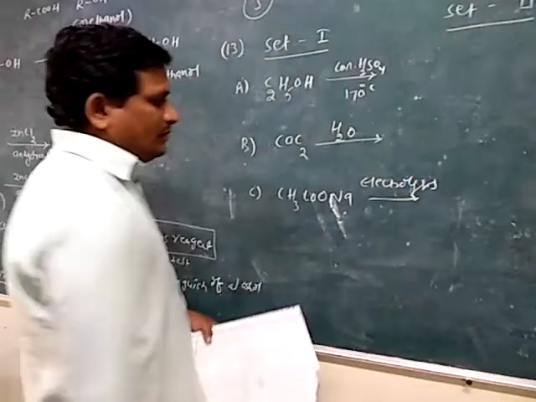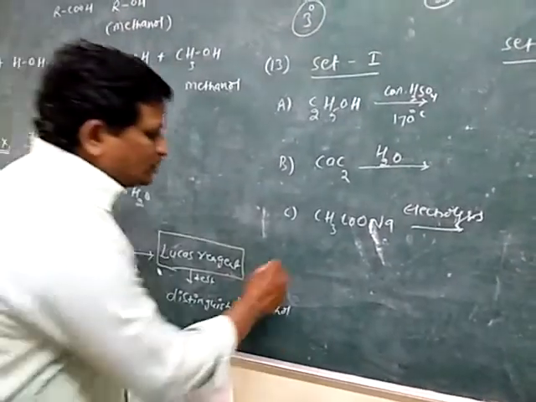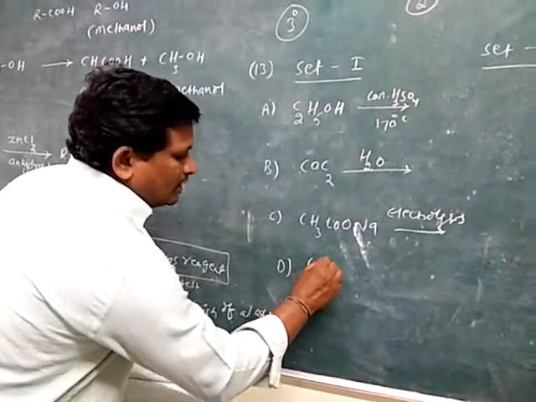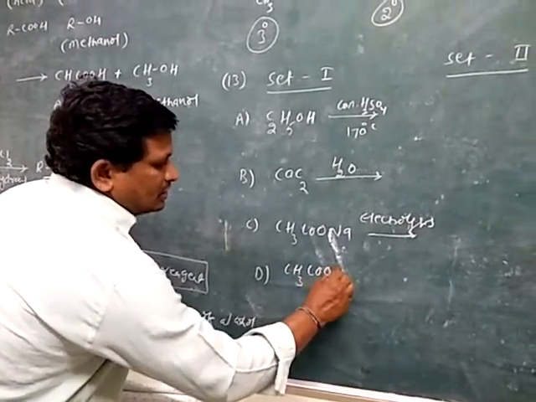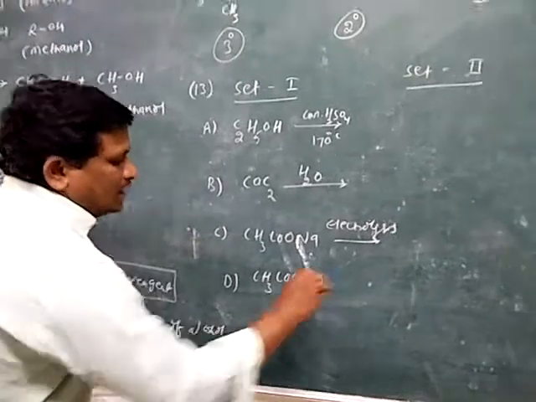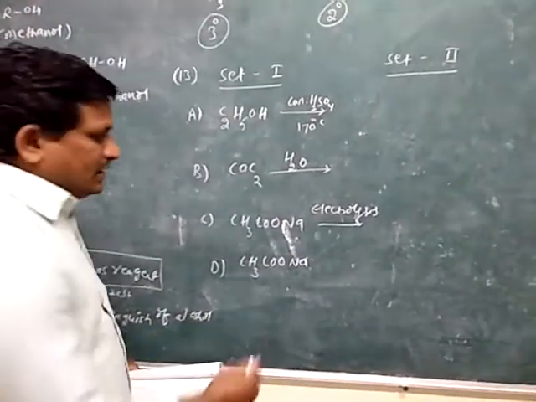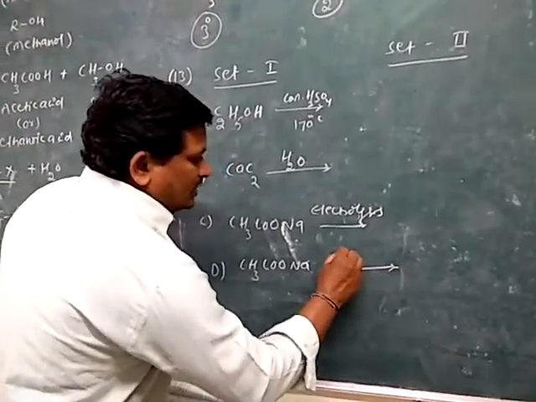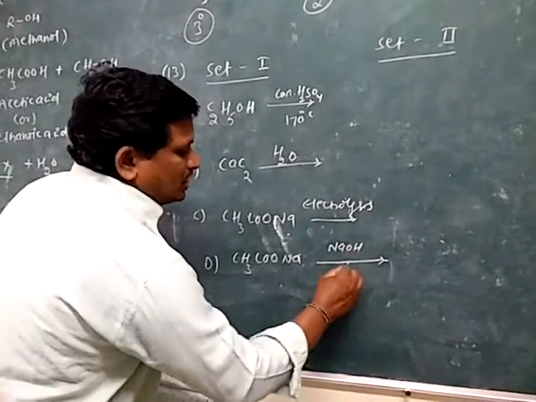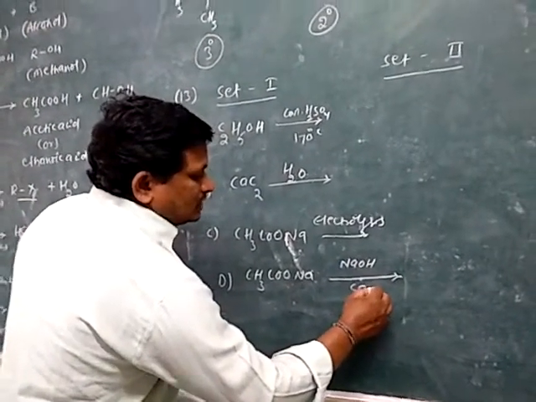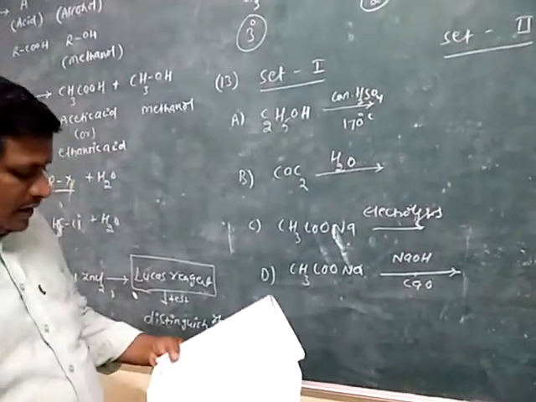So the fourth option is D, also sodium acetate, CH3COONa, but it is treated with soda lime. That is the mixture of NaOH and CaO. It is the soda lime.